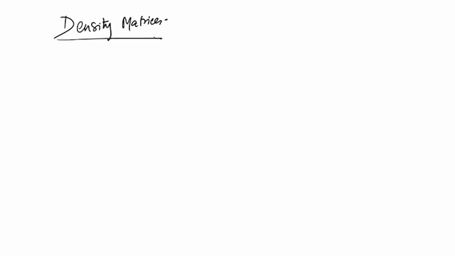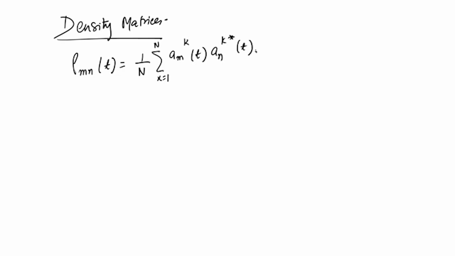The way we have defined it is this: rho mn, maybe it is a function of t, because we have written down the equation of motion, equal to the sum over k equal to 1 to n of a mk times a nk star, at time t. This was the definition of the density matrix, where m and n denote the indices. So, it is like the row and the column, and so it is a matrix.